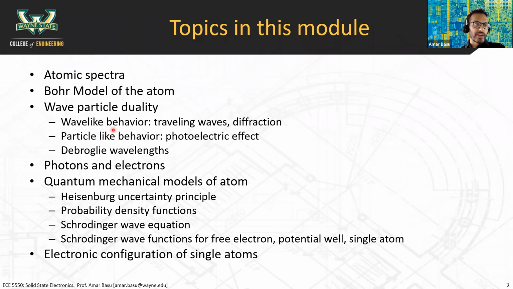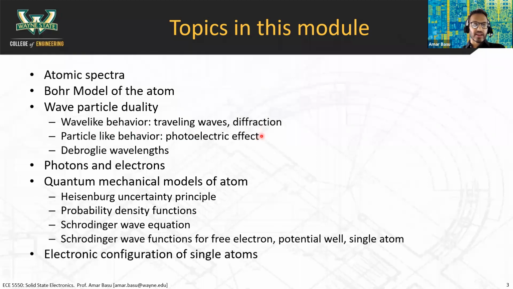When they behave like waves, that means they have certain phenomena that are specific to waves. So for example, they may have a wavelength and a wave velocity. There may be traveling waves and constructive and destructive interference. There may be things like diffraction patterns. Waves may reflect at a boundary and things like that.